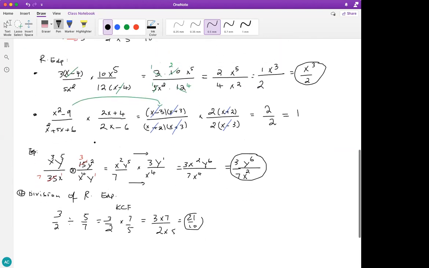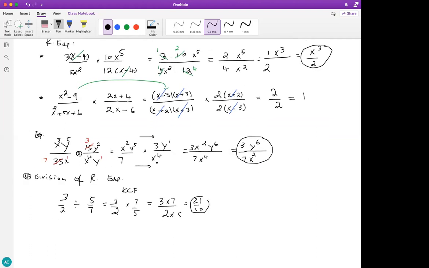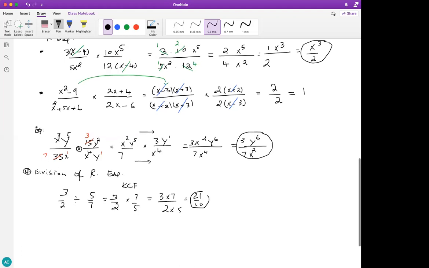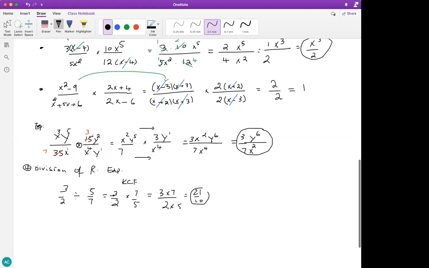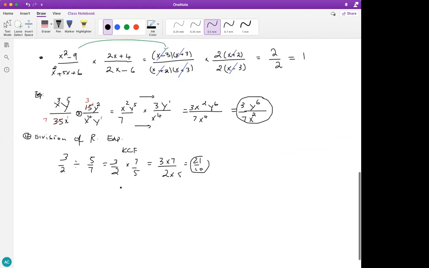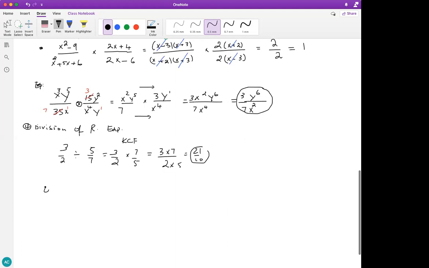So forget about cross multiplying. We're not going to be using cross multiplying. Instead, we flip the second one and use KCF. Once you see it as a multiplication, it's easier to cancel out and simplify if possible. So keep that in mind. We're going to see how to apply that to some actual expressions.